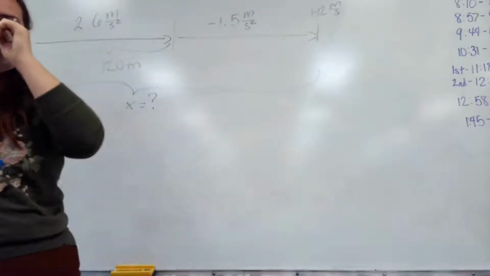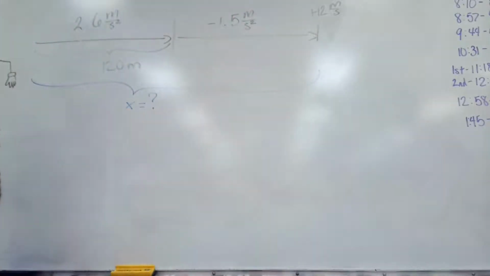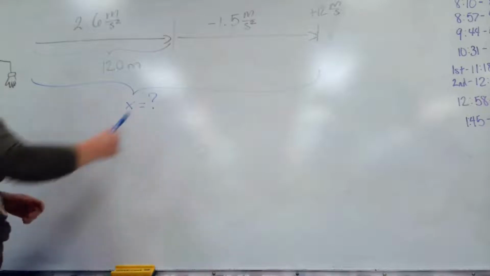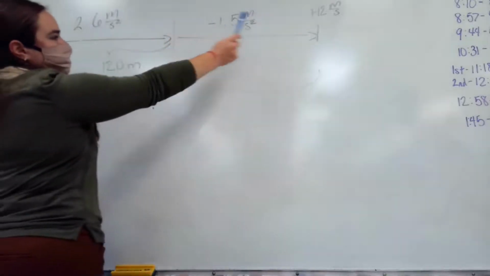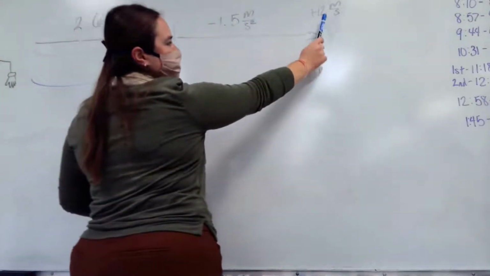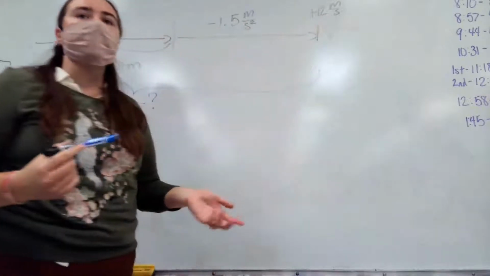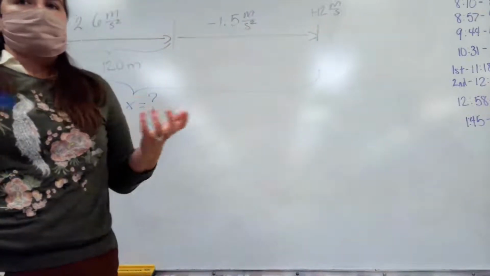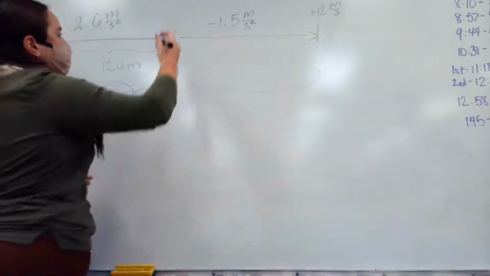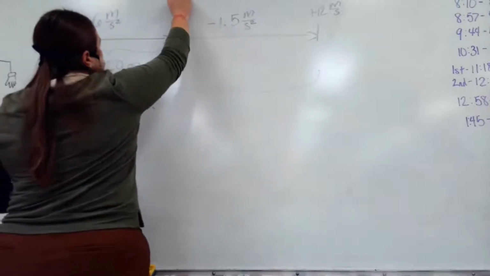Any ideas? Our speed at the end. We're definitely going to need to know our speed here because we need to know how long it's going to take us to get to this speed. If we don't know our starting speed, we're not going to be able to find that. So we need to find the velocity here.